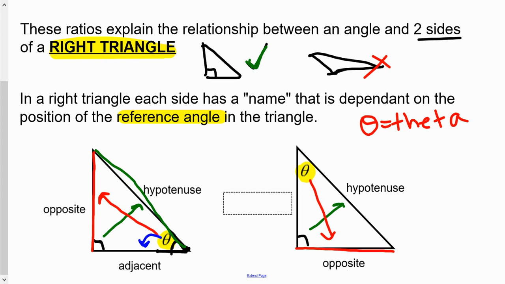And the adjacent side length, the side length that's beside, that's attached to our angle, is now up on the side. So making sure that you're labeling these sides, we're always going to use these three labels: opposite, adjacent, and hypotenuse. Those are the only three ways we can label the sides. We just have to really make sure which is which based off of that reference angle.